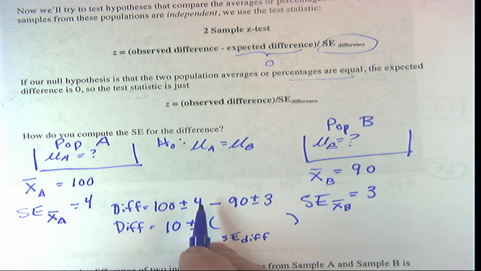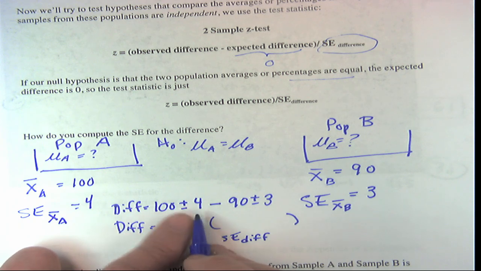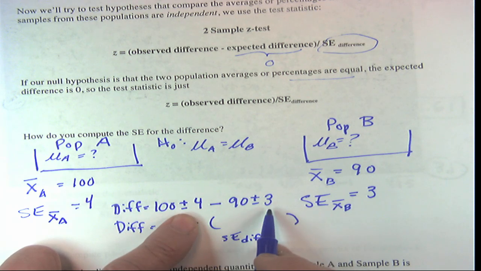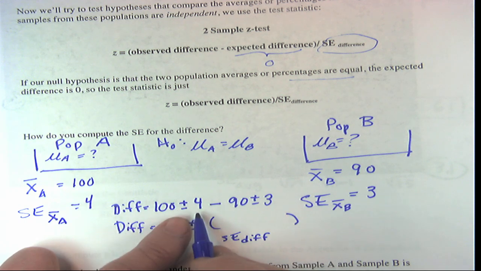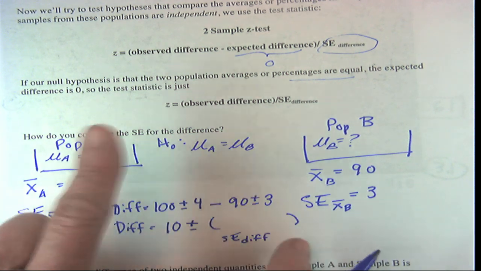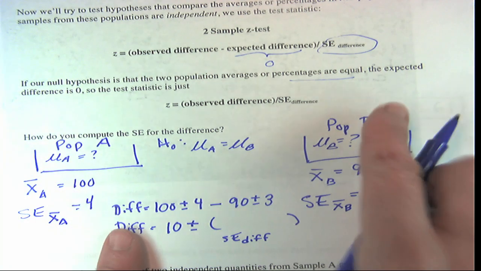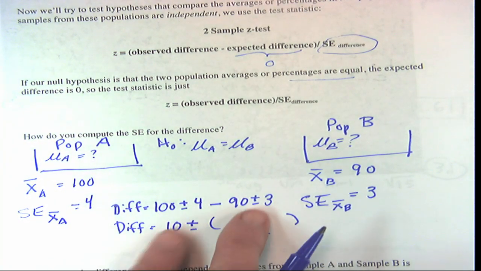When your sample happens to be high from this one, plus 4, and low from that one, negative 3. That would give you 7, or the opposite, minus 4 and then plus 3. So it's like when one is high and the other's low, that would give you plus or minus 7.